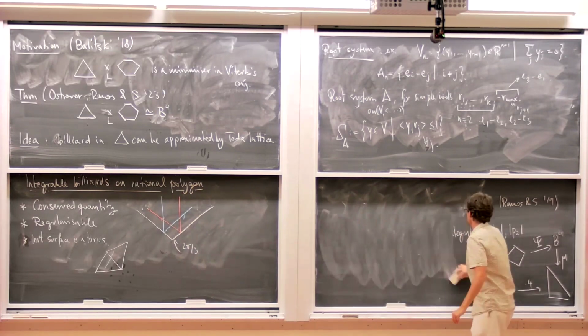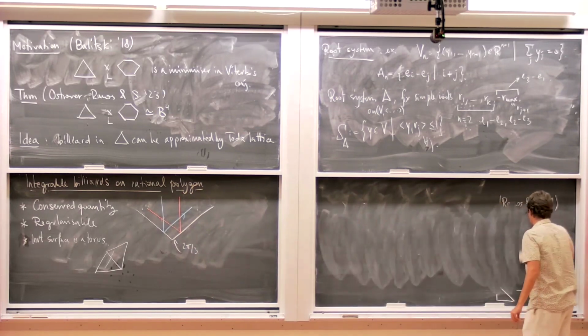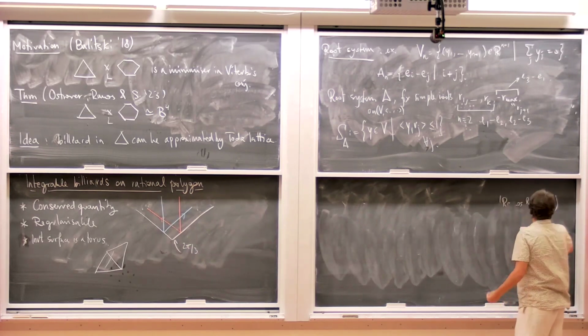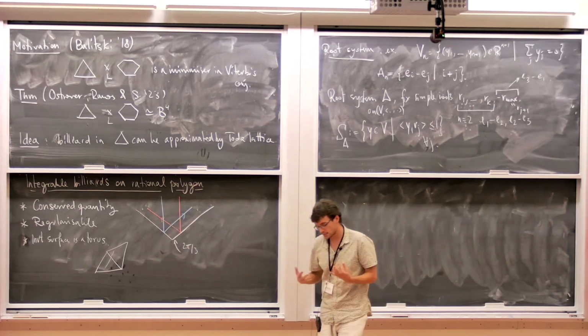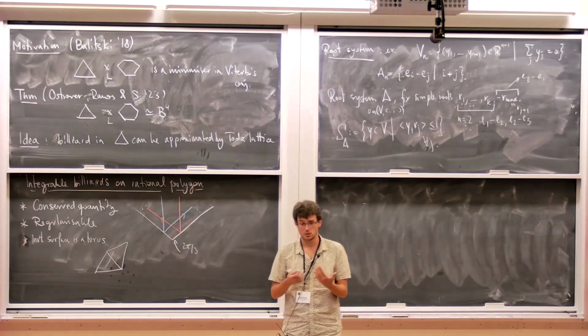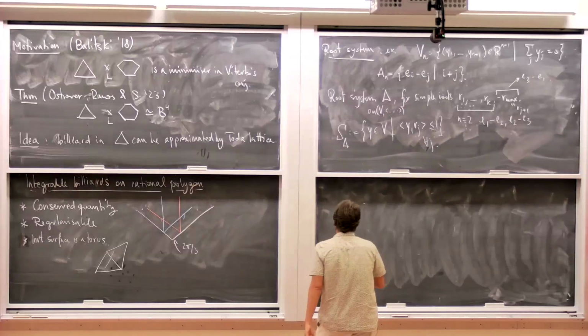And so this is a beautiful story that goes back to the 70s. There was a lot of interest in finding integrable systems that arose from nearest particle interaction with exponential interactions.